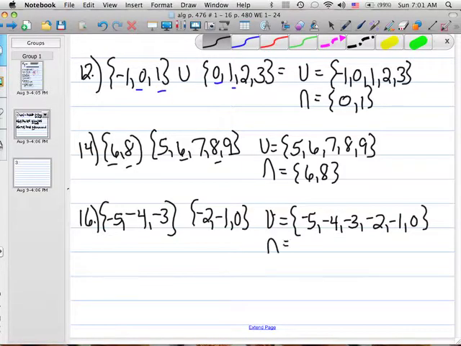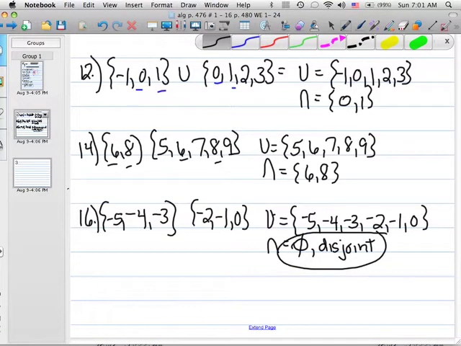And the intersection would be what they share, and they share nothing, so we would put the null set, the 0 with a slash through it. And they said tell us if it's disjoint. And it is disjoint. That concludes the evens on that.